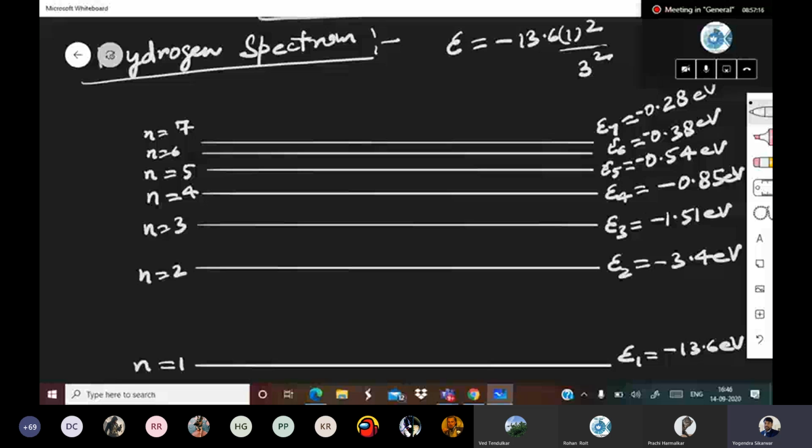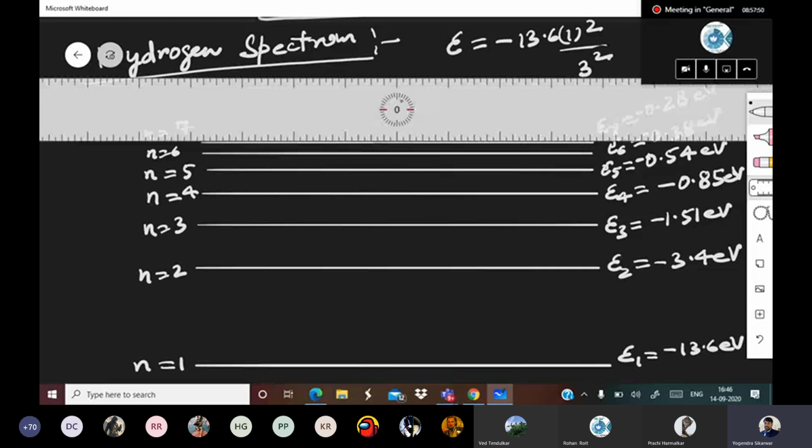How much that energy will be, we are going to talk about, and correspondingly we will have different types of spectrums and different types of lines also. So pay attention. I'll be using different colors for this. So let us see how it is to be done.